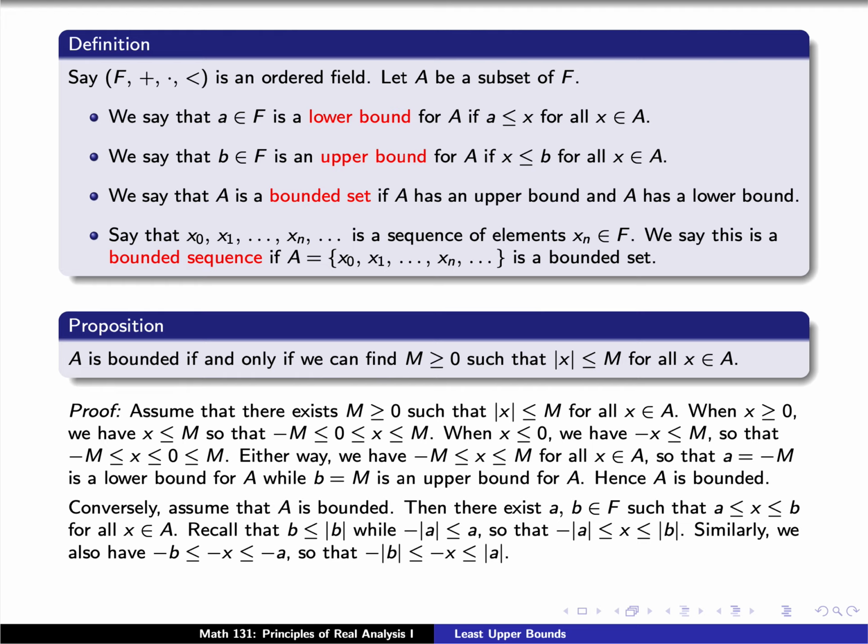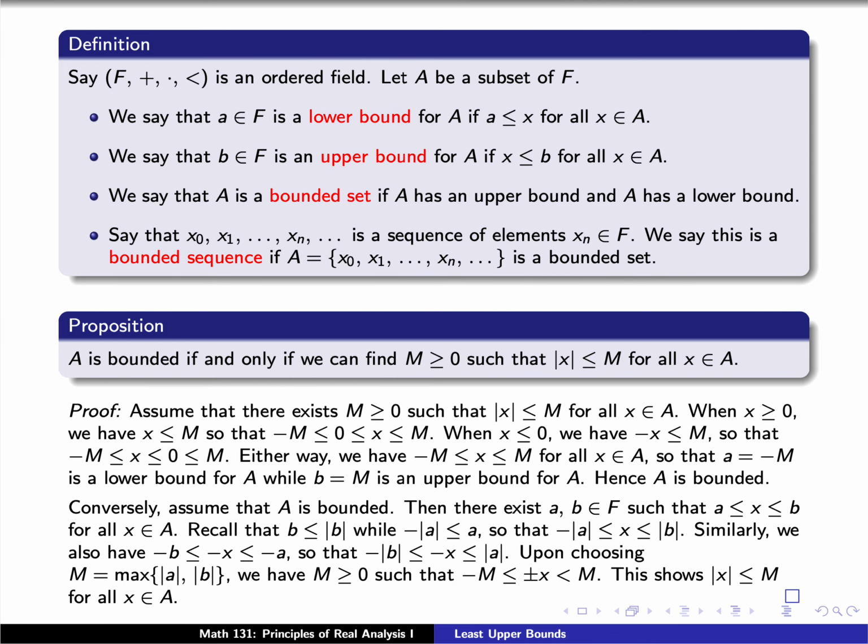So putting this together, we'll see that negative of the absolute value of a is less than or equal to x is less than or equal to b. Similarly, negative the absolute value of b is less than or equal to negative x is less than or equal to a. So let's choose capital M to be the larger of the absolute value of a and the absolute value of b. Then we'll find that the absolute value of x is less than or equal to M for all x in the set A.